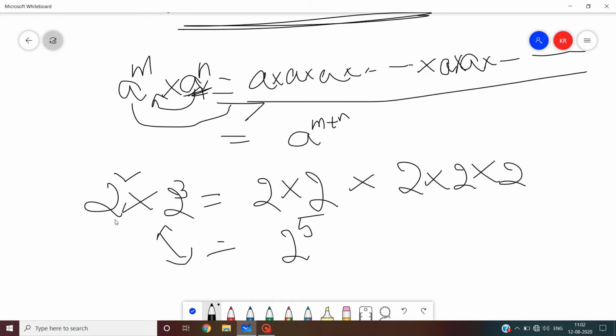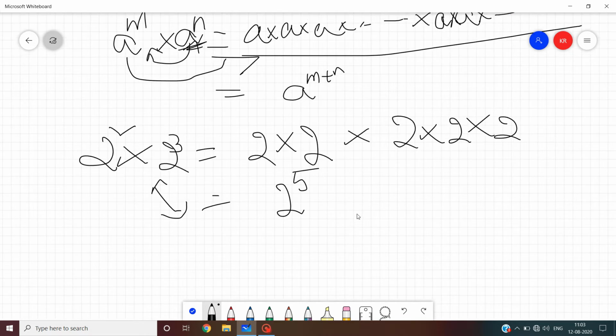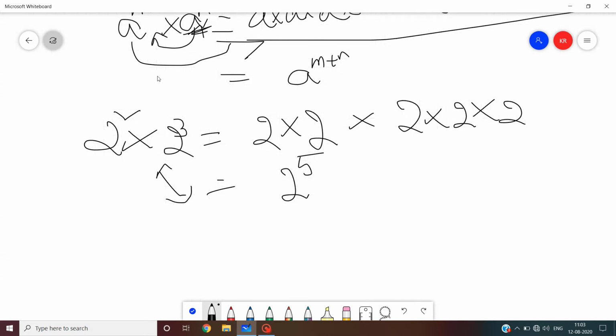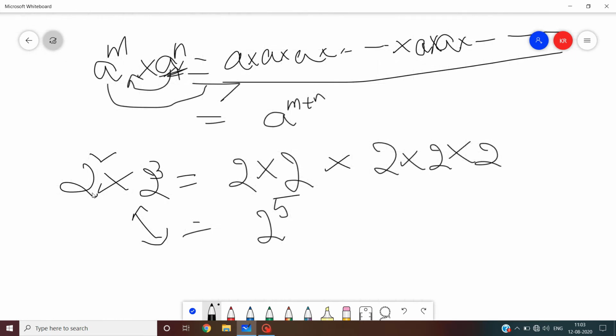When we notice here, 2 to the power of 2 into 2 to the power of 3 gives rise to 2 to the power of 5. Comparing with our previous one, a is 2, m is 2 and n is 3, so my final result is 2 to the power of 5.